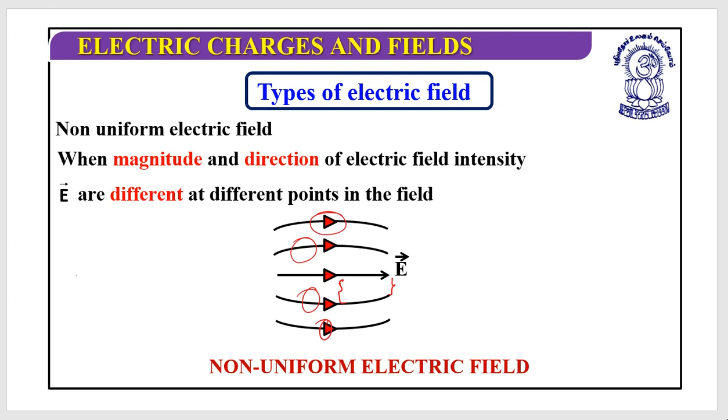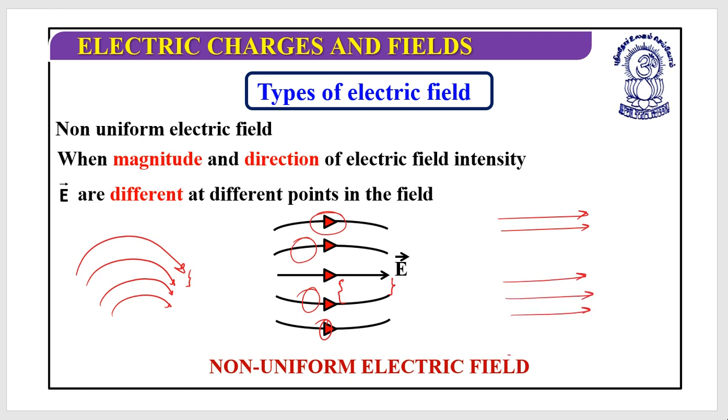Even if an electric field is given like this, this is a non-uniform electric field. Let's say electric field lines are given like this. Look at the separation. Even these are said to be non-uniform electric fields. I hope this seems clear.